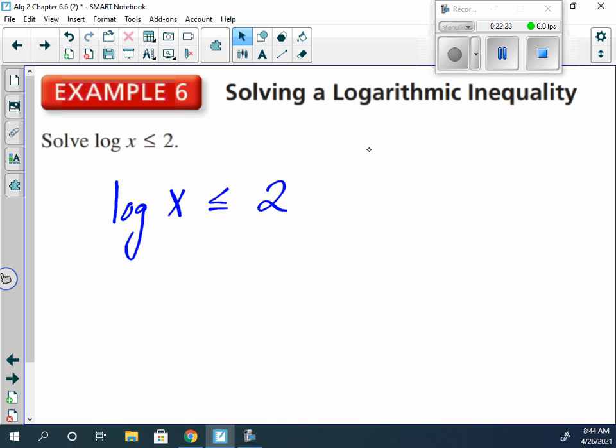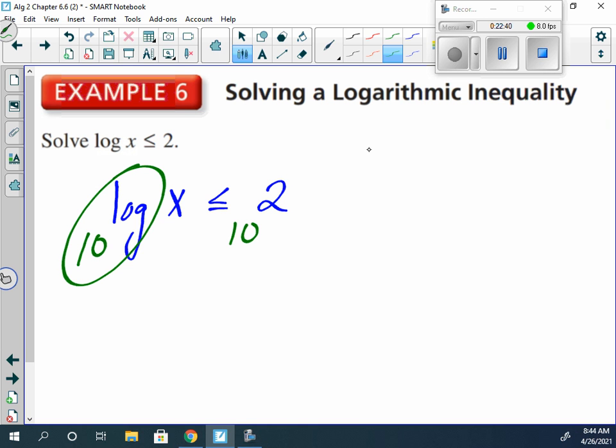If this was an equation, as we've seen already today, we would put both sides to the base 10. Since we have log of x, 10 to the log of x, the 10 in the logarithm will simplify out, leaving us with just x is less than or equal to 100.